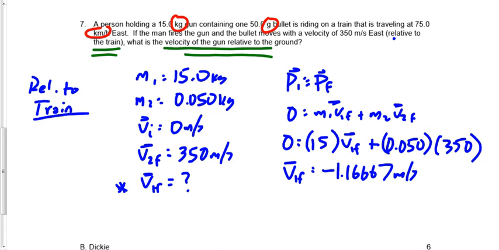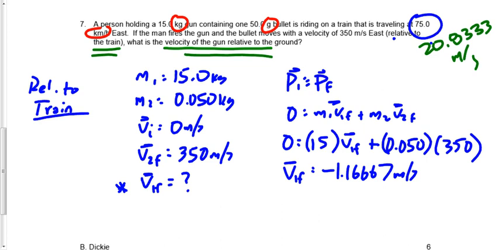Now listen, if I want to find the velocity of this gun relative to the ground, the velocity of the train, look, the train is 75 kilometers per hour. That's going to be 20.8333 meters per second. Pretend this is the walkway.